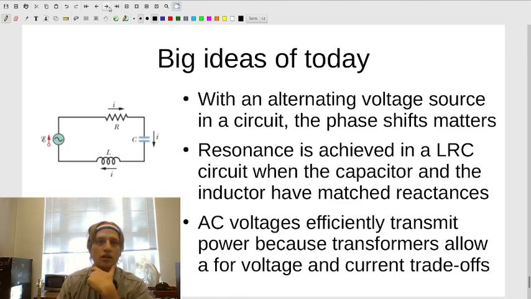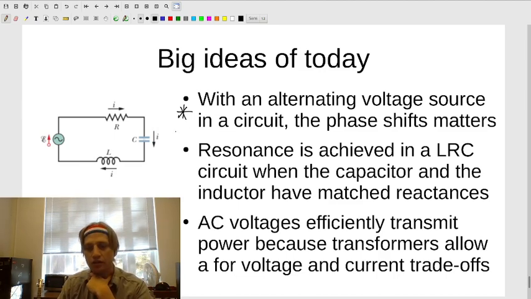And so let's just sum it up by saying that the phase matters. If you have capacitors and inductors, they are not necessarily going to have a current going through them that's in phase with the applied voltage, so it matters.